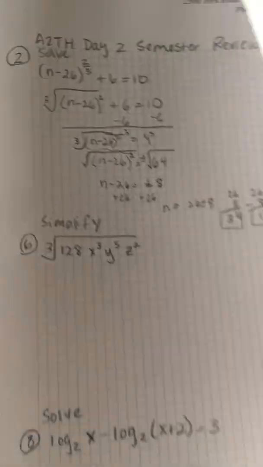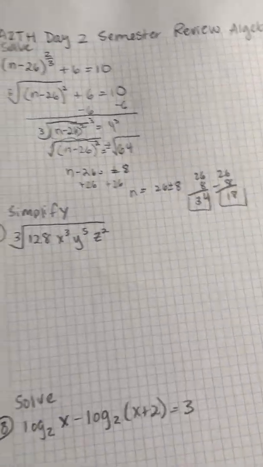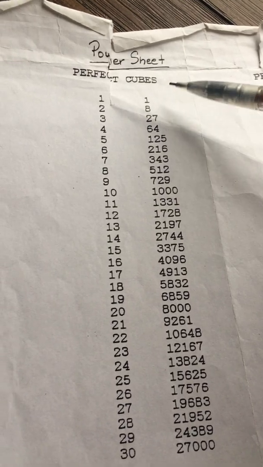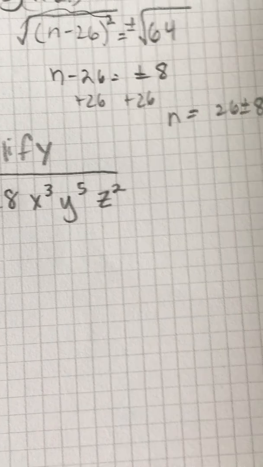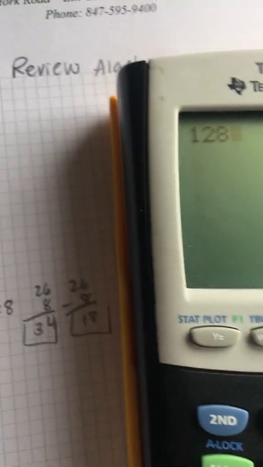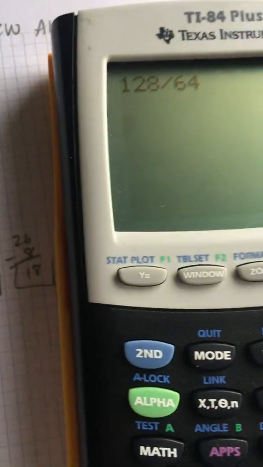Number 6, simplifying using my perfects, and this is a cube root, so using my perfect cubes, I'm trying to find one of these numbers that goes into 128. Taking 128 and dividing it by 64, I get 2.